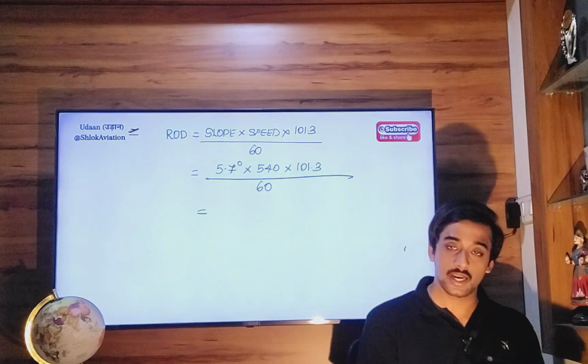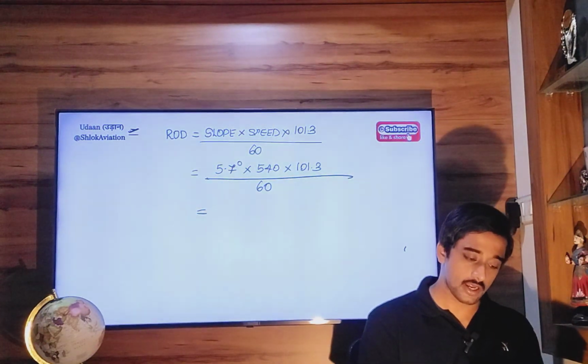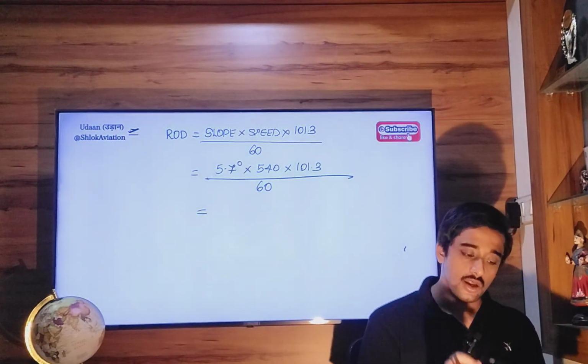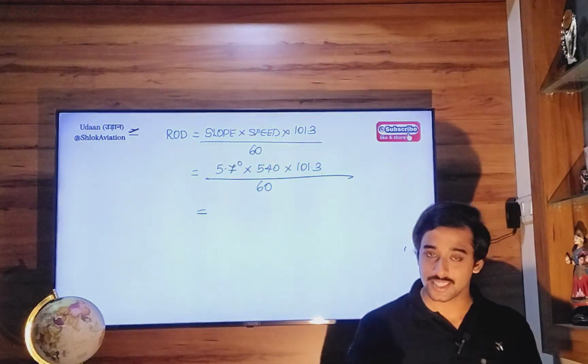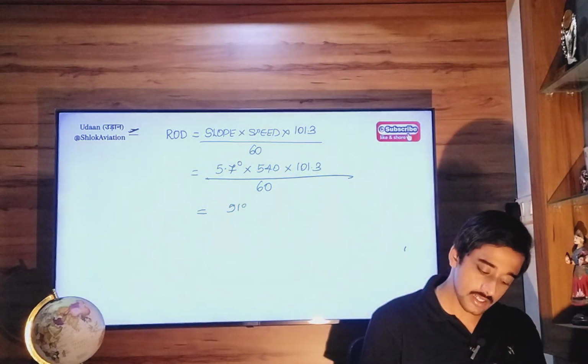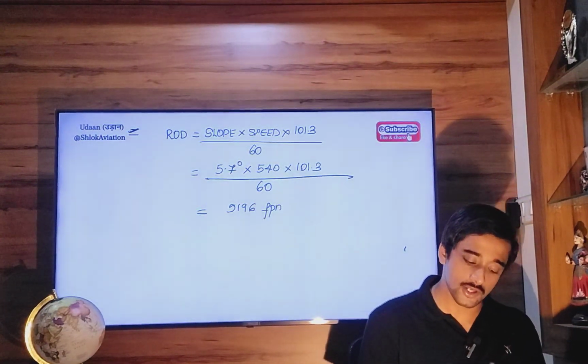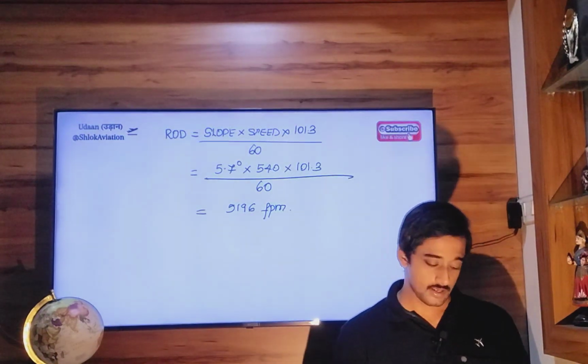So 5.7 into 101.3 into 540 divided by 60, 5196. 5196 feet per minute or 5200 feet per minute.